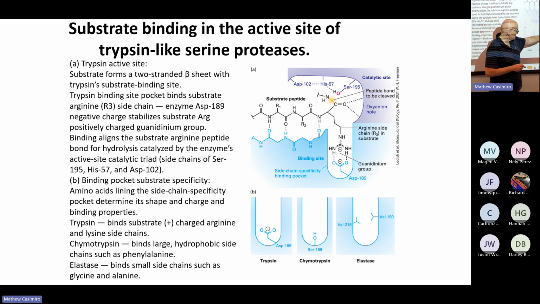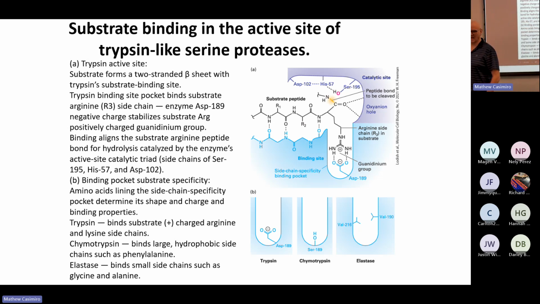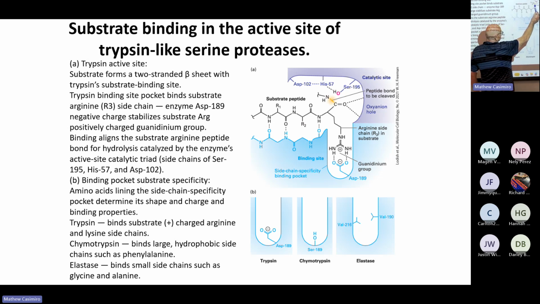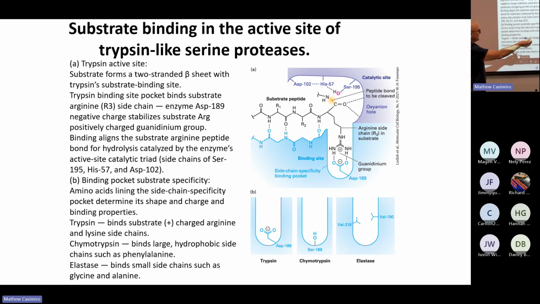And these valines prevent larger non-polar amino acids from entering into the pocket. So the main target for elastase are small amino acids like glycine, right? And so it'll cleave at the next carbonyl, the carboxylic acid joined to the amine of the next amino acid. Okay.